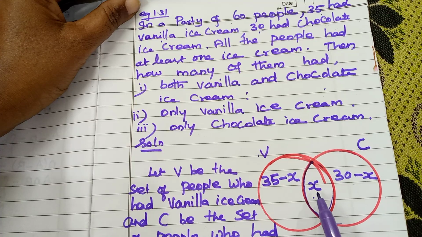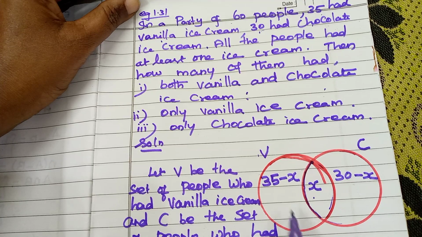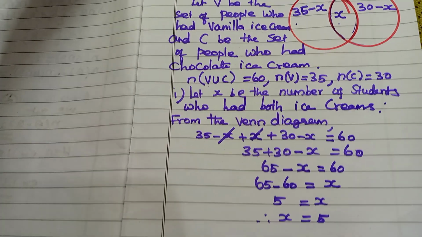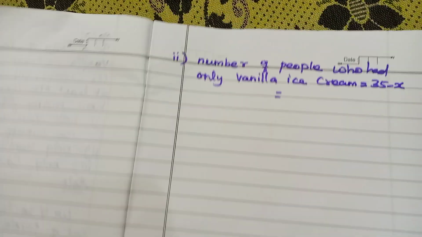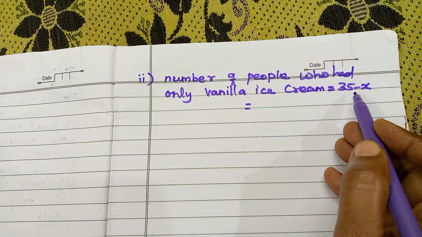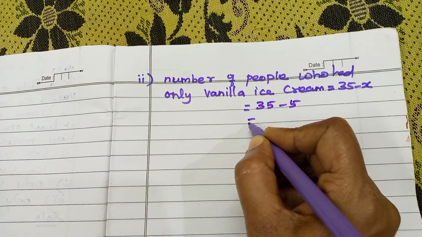This X is also included in C, so that we should not take. Except this part, this part alone we have to take, that is 35 minus X, only vanilla. X we have 5. So number of people who had only vanilla is 35 minus X, which is equal to 35 minus 5, which is equal to 30.